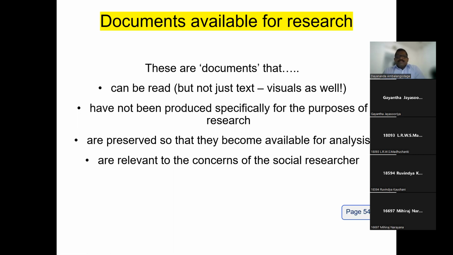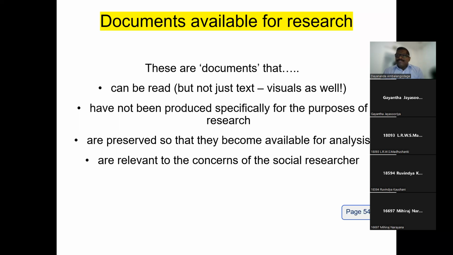Now, when you say documents, we are not just looking at text, but maybe visual as well. So we believe documents really have meaning. They describe how the social world has been constructed. So in a way, documents tell us about the construction of the society.